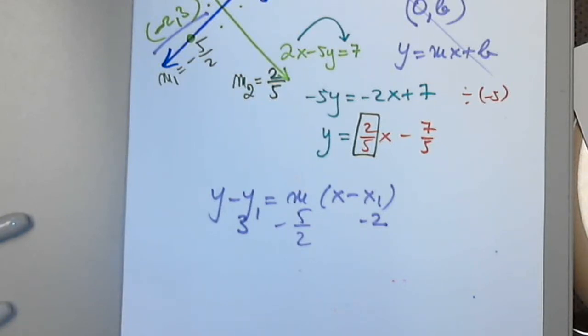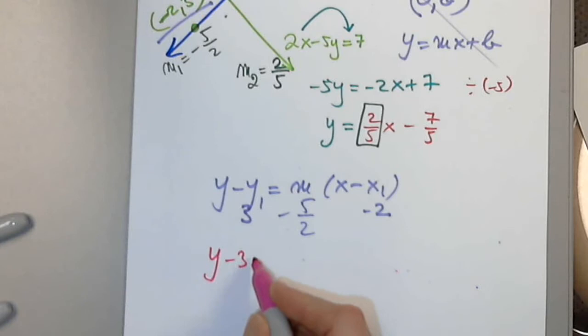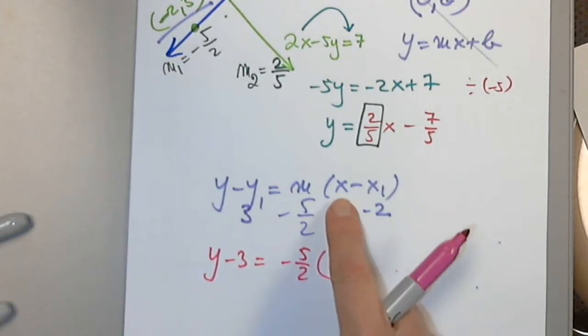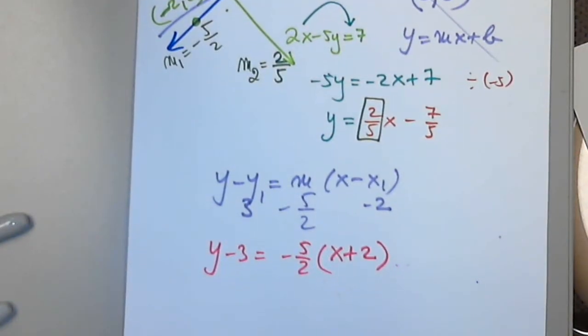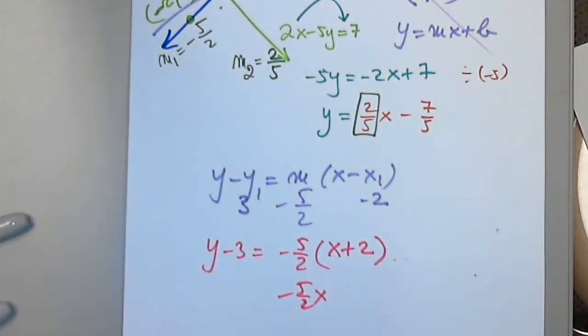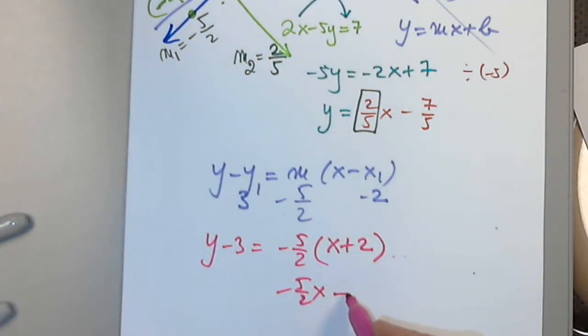Okay. So I have y minus 3 equals negative 5/2 times x minus negative 2, which is x plus 2. I distribute negative 5/2. Negative 5 over 2 times 2 over 1 is? Negative 5. Very good.